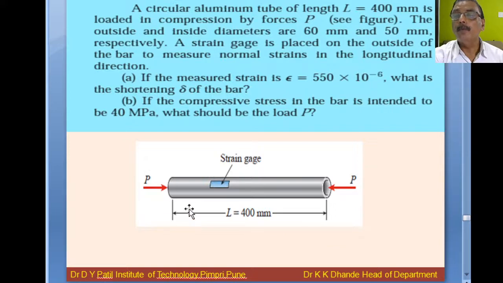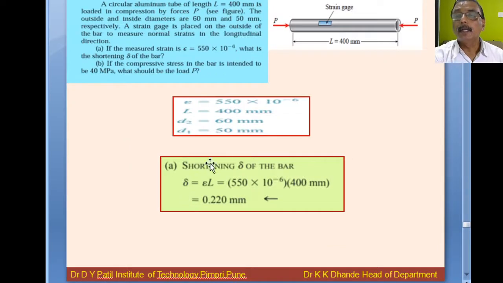This is a tube having outer diameter capital D of 60 mm, and another diameter of 50 mm. So here we may calculate the cross sectional area. Capital A is pi by 4 into 60 bracket square minus 50 bracket square.